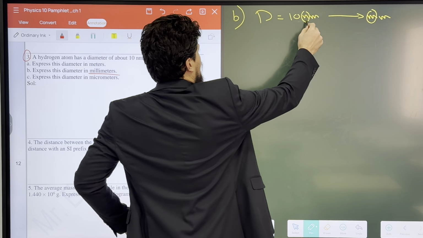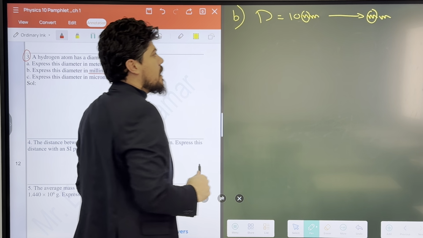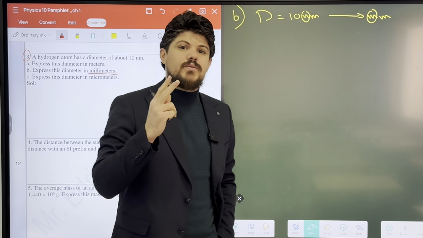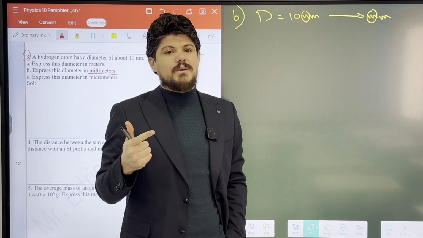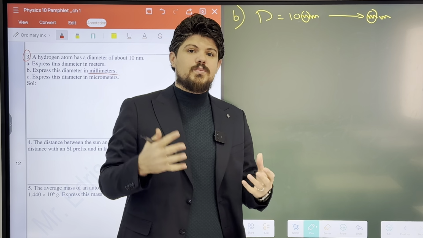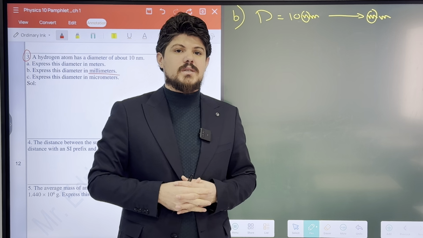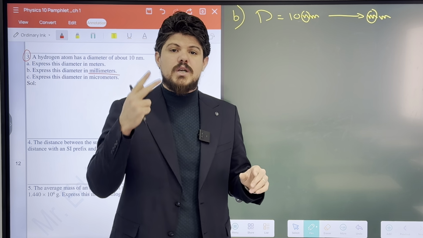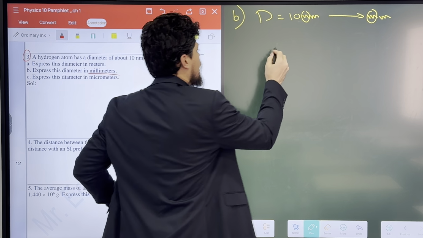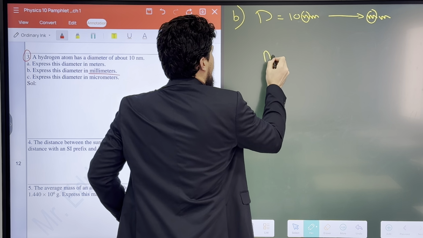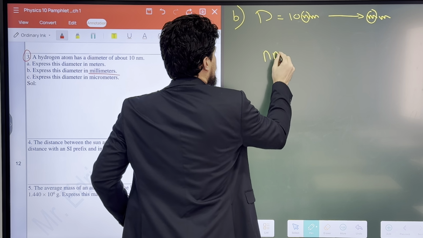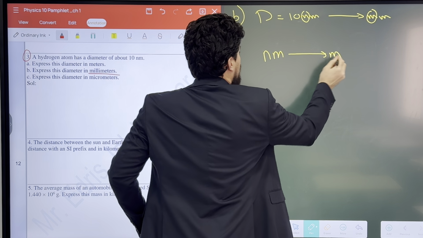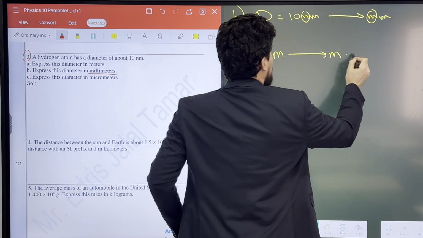In this case, we have to convert nanometer to millimeter. How many prefixes do we have? We have two prefixes, nano and milli. In the case if you have two prefixes, converting between two prefixes, you have to solve this question in 2 steps. Okay, in how many steps? In 2 steps. The first step, you have to convert nanometer to the meter, to the essential unit, and meter to what?